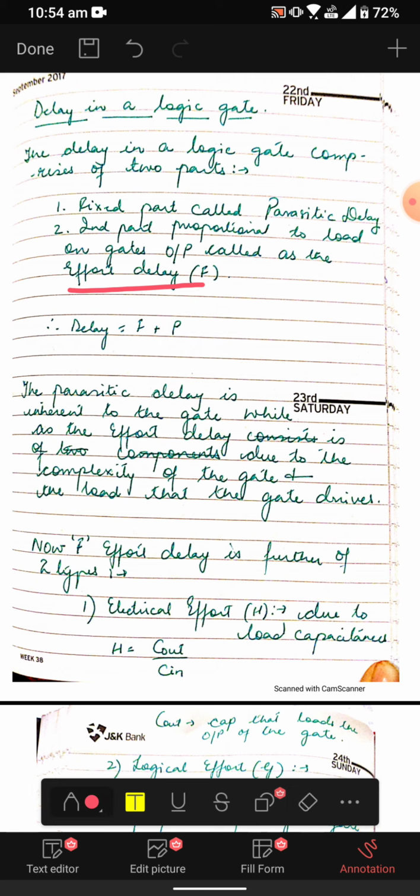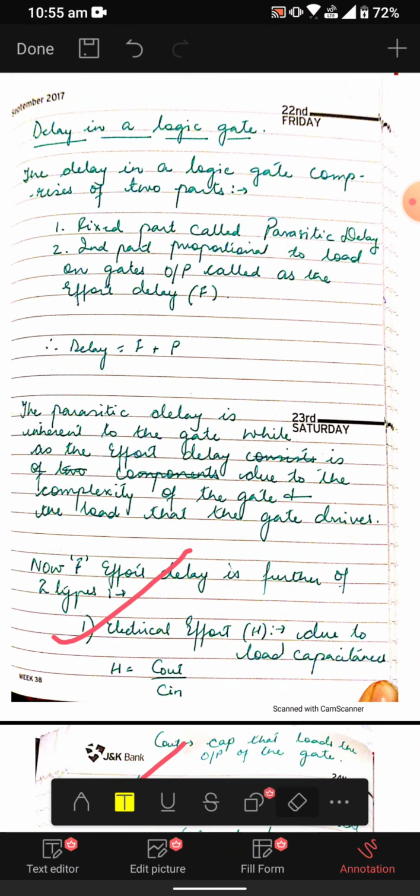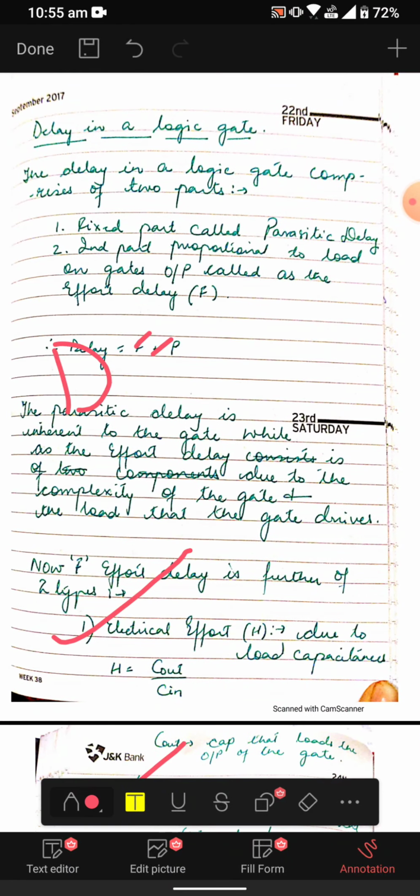Okay, another part is the effort delay. Effort delay is proportional to the load that the gate drives, and it is denoted by the term F. Effort delay is characterized into two parts, the electrical effort and the logical effort. So overall, our delay has two parts.